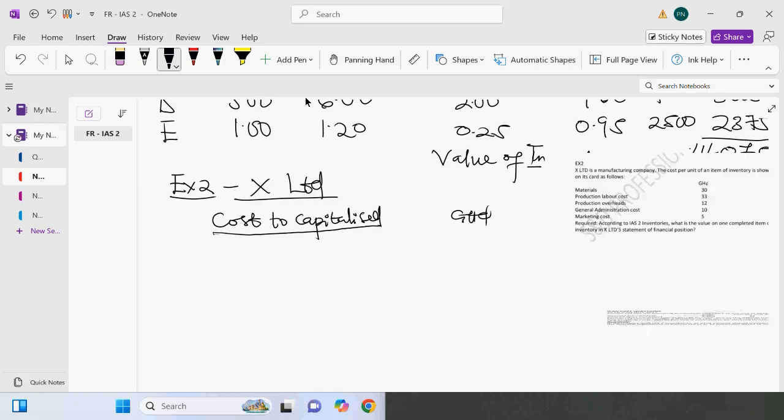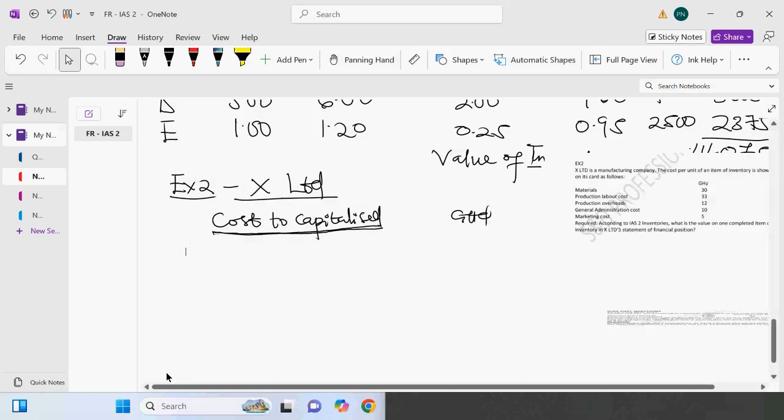So which of the costs do you think will be capitalized? Materials, will it be capitalized as part of the cost or will it be expensed? Capitalize. Why do you think we'll capitalize it?